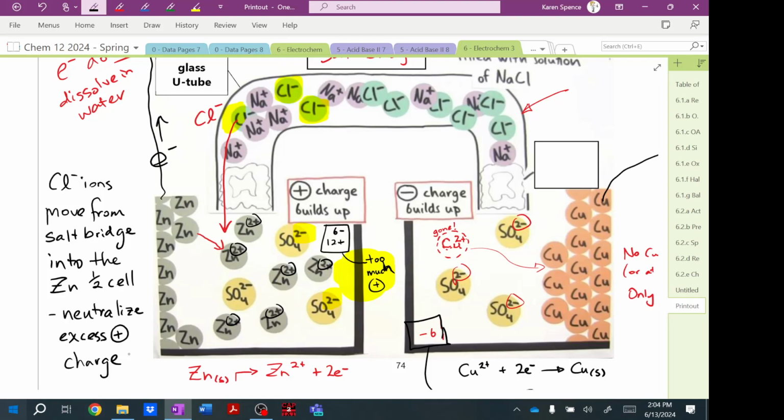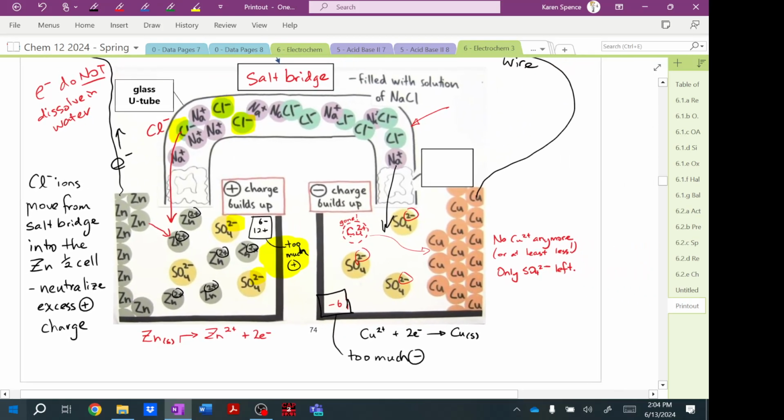How about on the other side? Yeah, the Na+ ions are going to move in. So the Na+ moves into the copper half cell, and that will neutralize the excess negative charge.